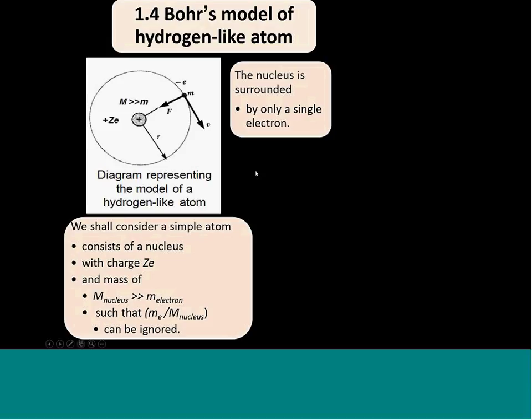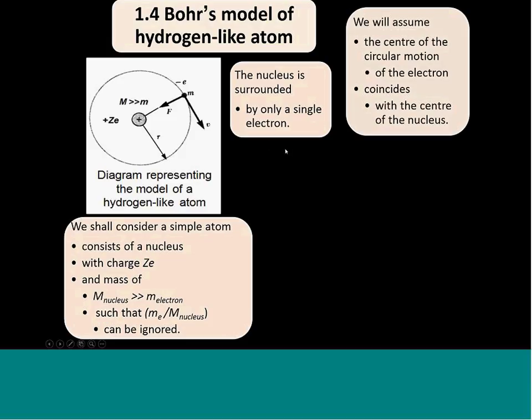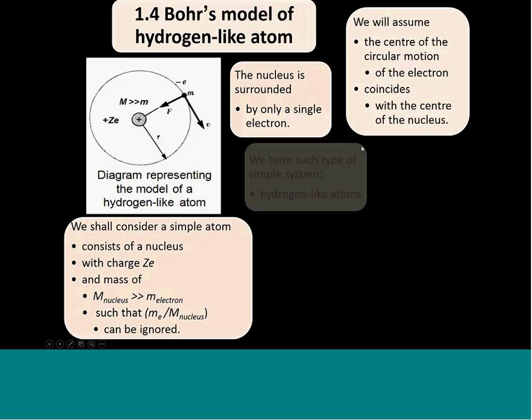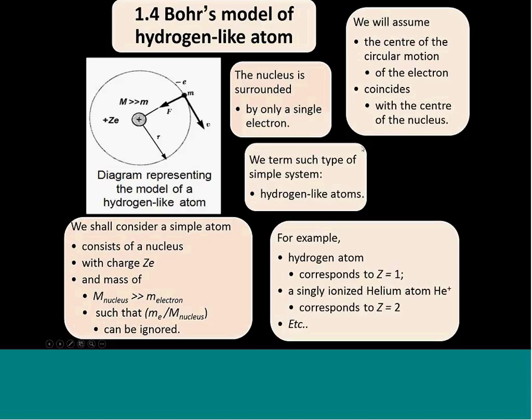So nucleus is surrounded only by a single electron. We assume the center of the circular motion of electron coincide with the center of nucleus. Sistem ni kita kenali sebagai hydrogen-like atom.